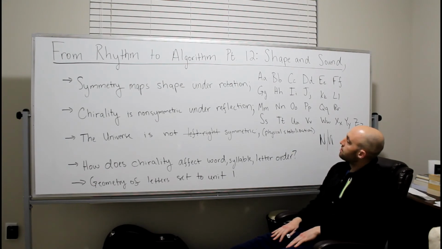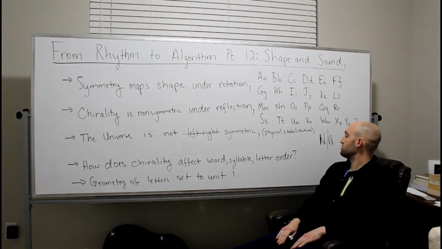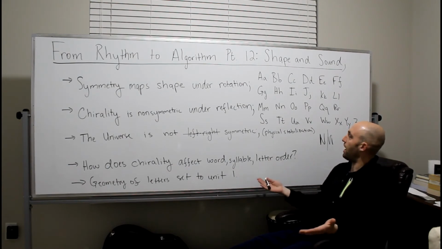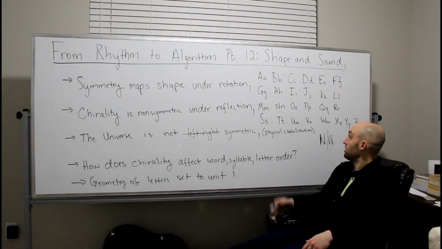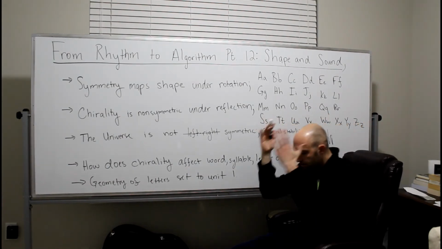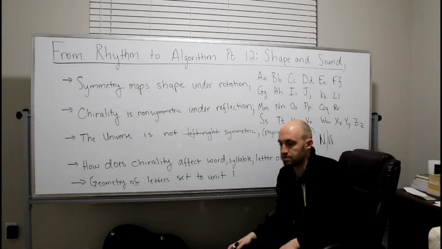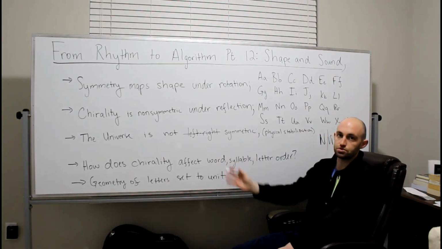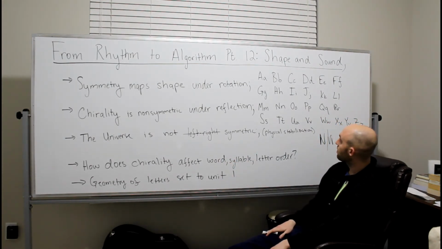But how does chirality affect word, syllable, and letter order? That's what I was just saying about open categories of questions. We don't even know what questions to ask, but it's very accessible. Just take a statement of logic and look at the shapes of the letters and see what you can come up with in terms of geometry and symmetry.